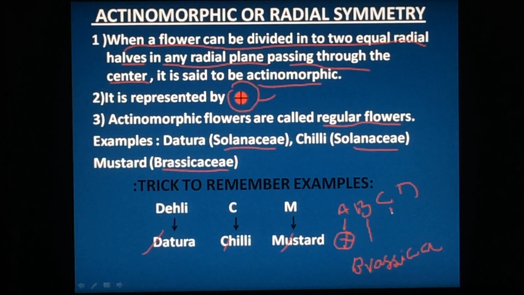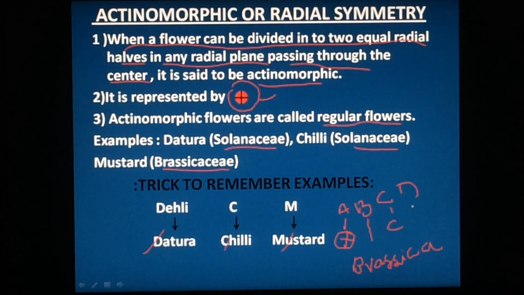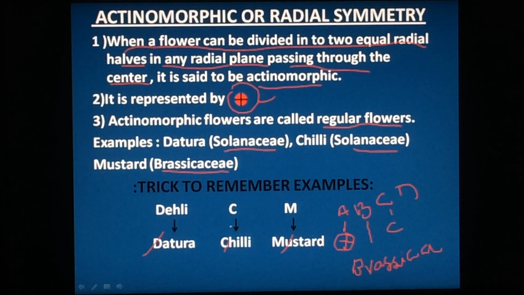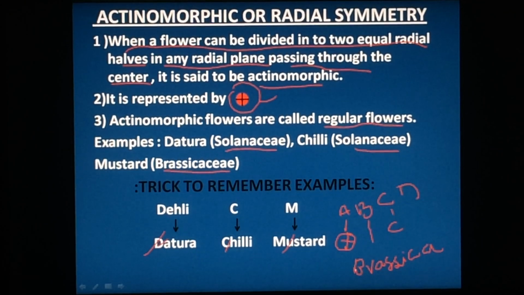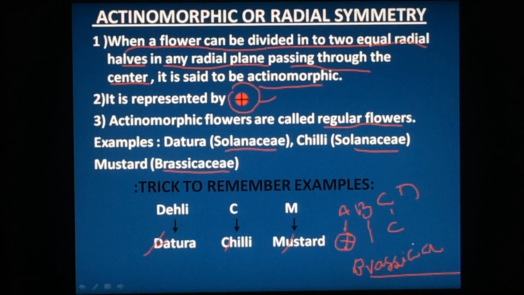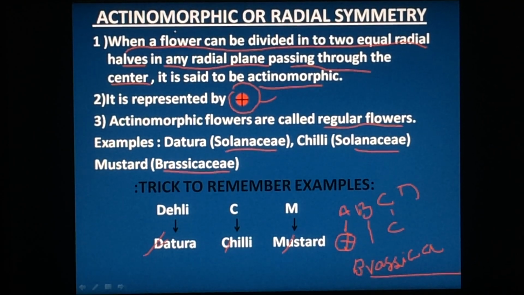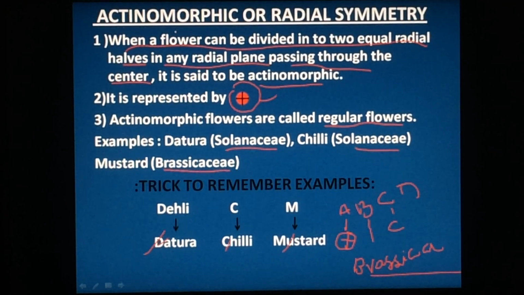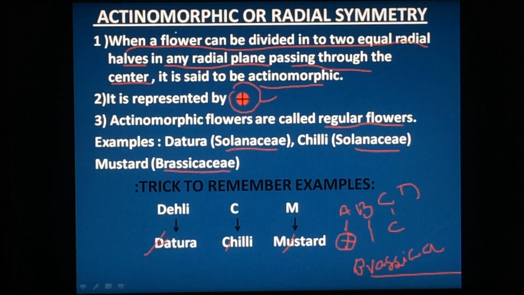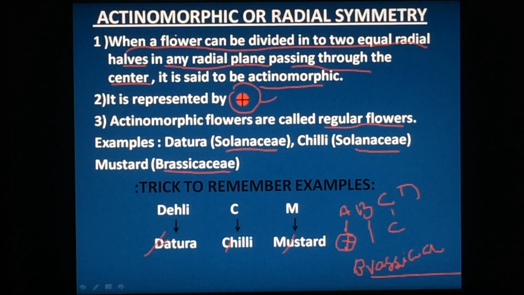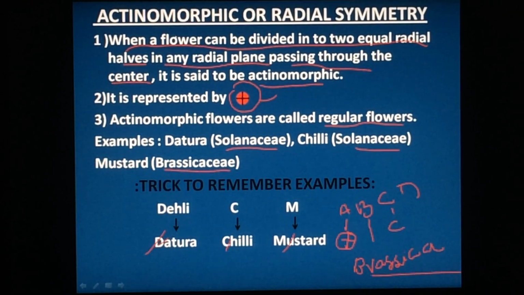C, chili. D, Datura. Like that also you can remember. So Brassica is an example for actinomorphic flower. One more time, actinomorphic flower is also called radial symmetrical. It is called a regular flower. Here you can get two equal halves from any plane passing through the center.